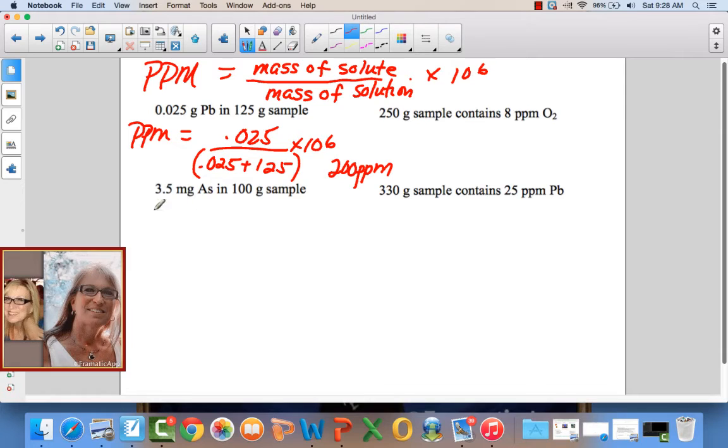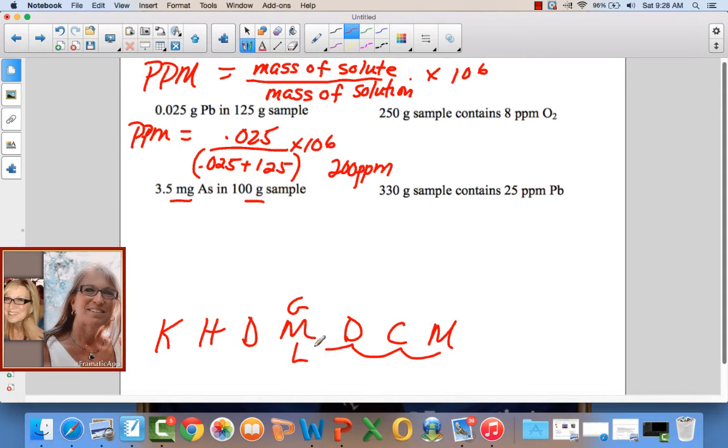On the next one, milligrams and grams, right away, that's a problem. So go back to "kids hate doing math during cold months." Meter, liter, gram. At milligrams, I need to go to grams. 1, 2, 3, 3 places to the left. So that's 1, 2, 3.